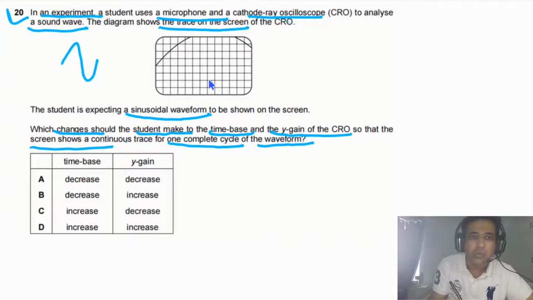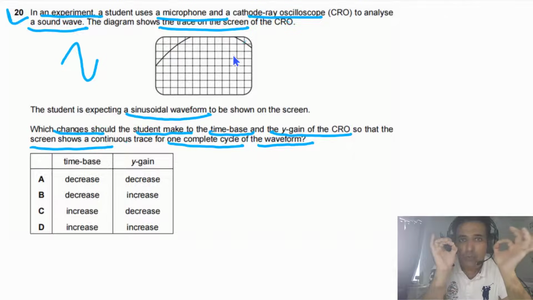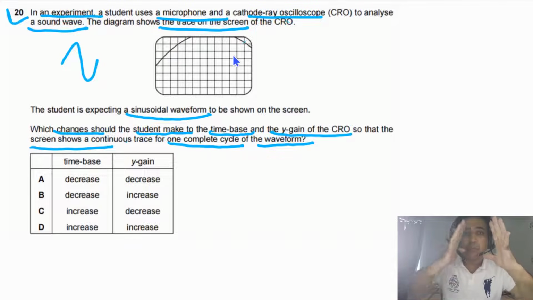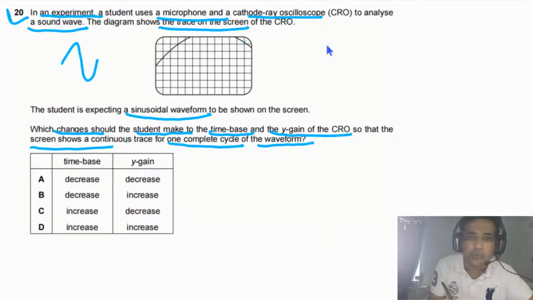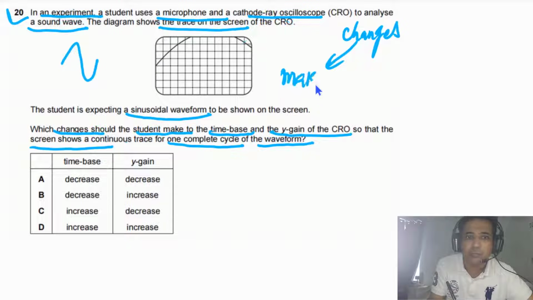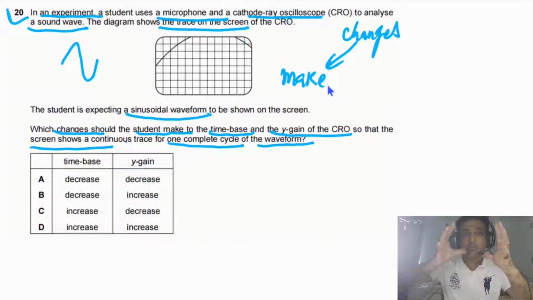So how can we make this wave to be seen on the screen? One, we can make the screen of the CRO very big so we can see the wave. So let me write down here changes. So what changes can we make? We can make the screen very big, means we can have a CRO with a very big screen.